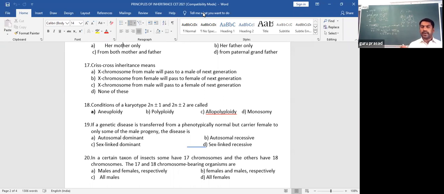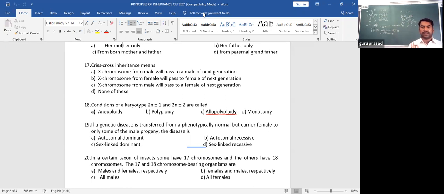We study this pattern of transferring an X chromosome for diseases, like a hemophilic man transferring his hemophilic defective gene to the daughter. As she received one healthy chromosome from her mother, she is not hemophilic, but she is a carrier.